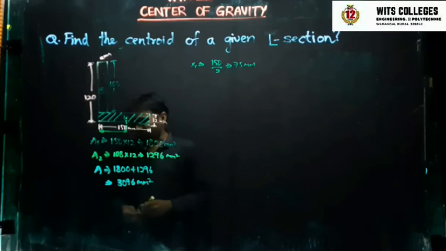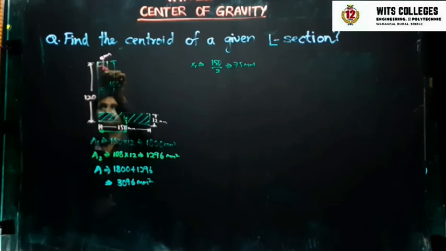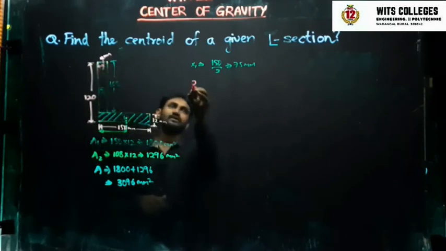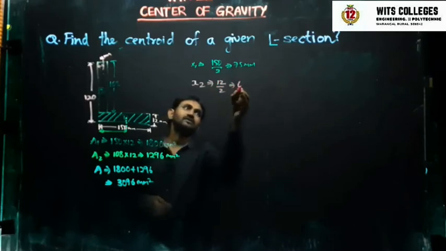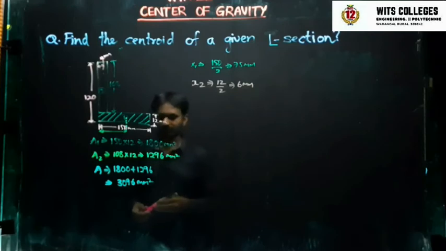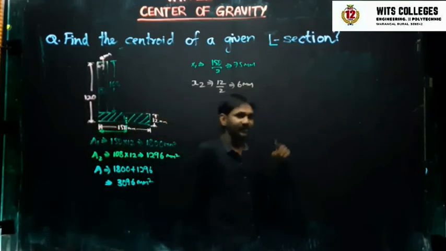Similarly, you need to find out x2 also. Therefore, x2 equal to 12 by 2, which is equal to 6 mm. You got x1 as well as x2.